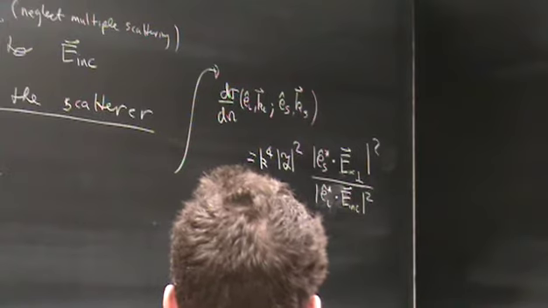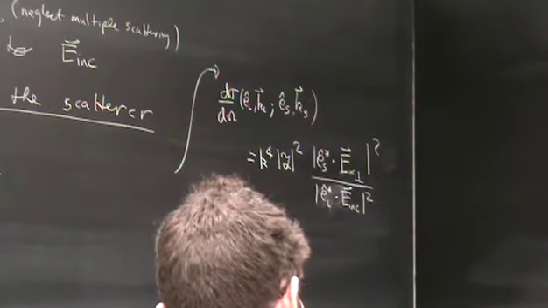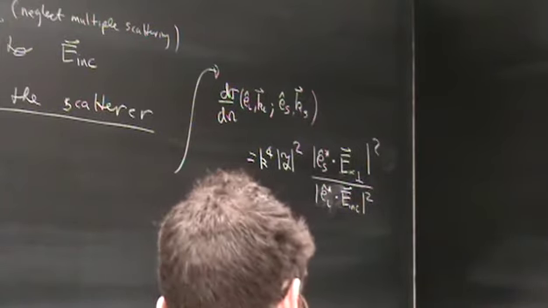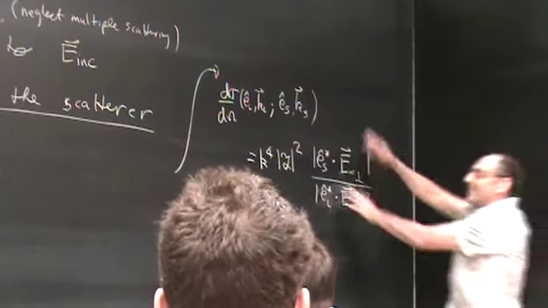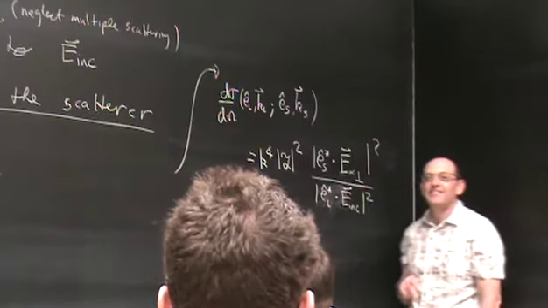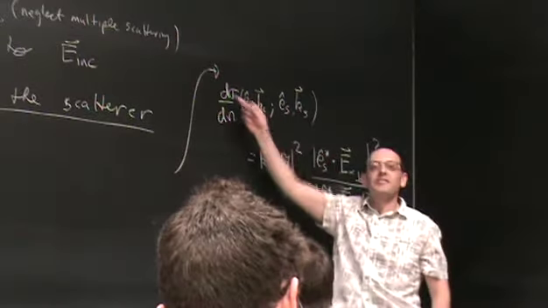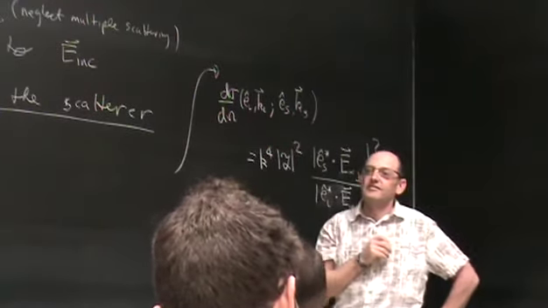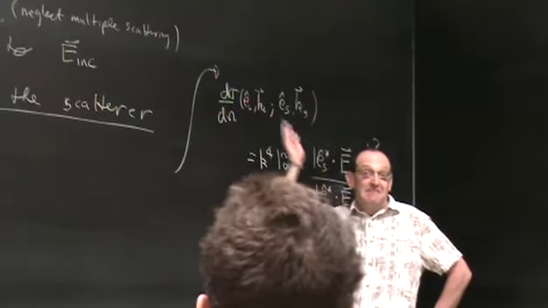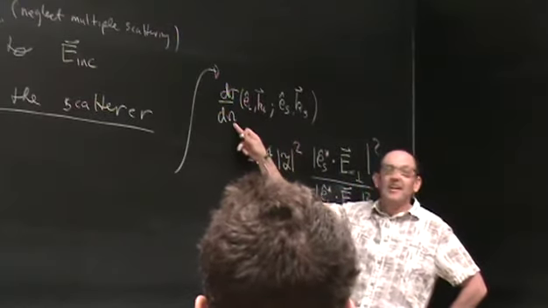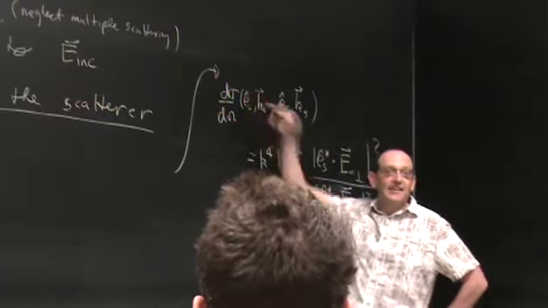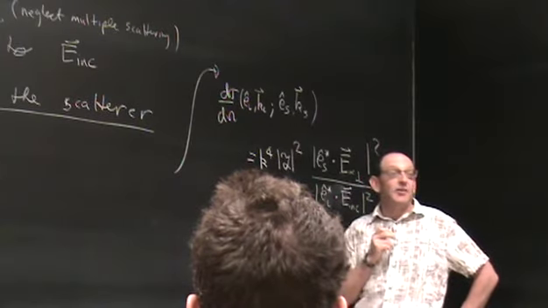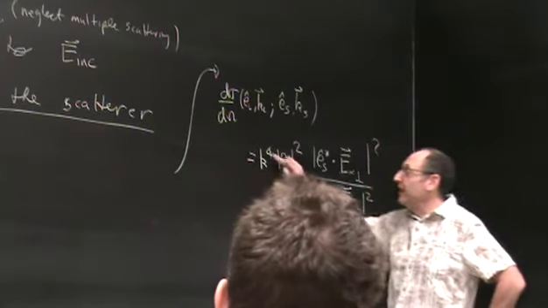Okay? Does this have the right units? Well, this is dimensionless, so that's cool. What are the units of the differential scattering cross-section? Area, right? Length squared, because the solid angle has no units. Sigma is an area. What's the unit of k? 1 over length. So this is 1 over length to the fourth.